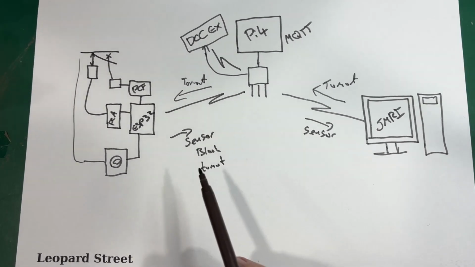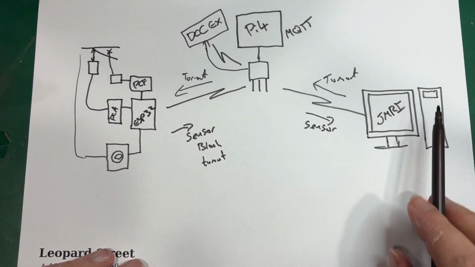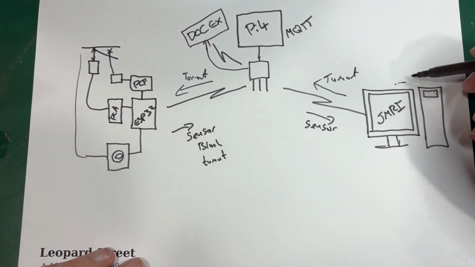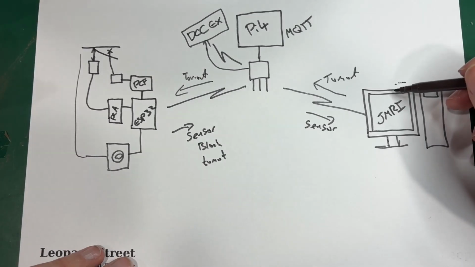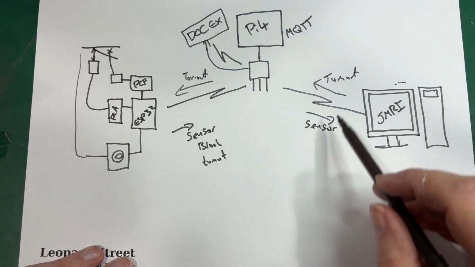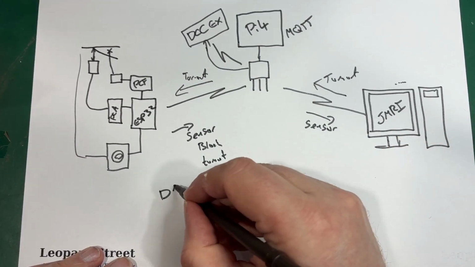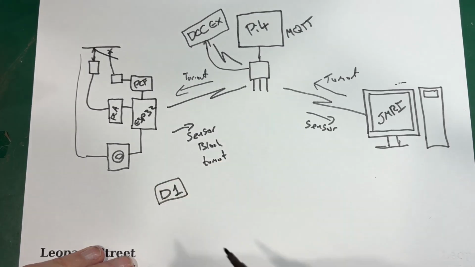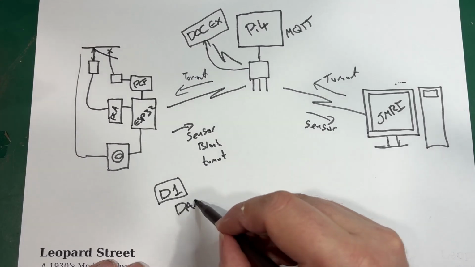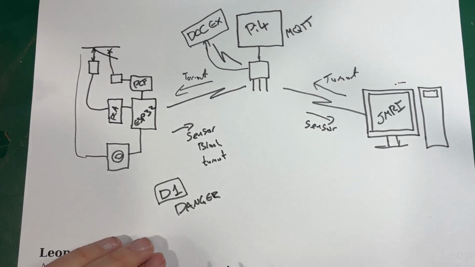And that itself is an interesting little point, because JMRI does a lot of what I want it to do, but it's not doing everything. So I'm going to have some other software also running on here, which is going to handle signals. So JMRI will have a switch that says, I want signal D1 to be at danger, at which point Leppy can put his red flag down and he can come off somewhere else.